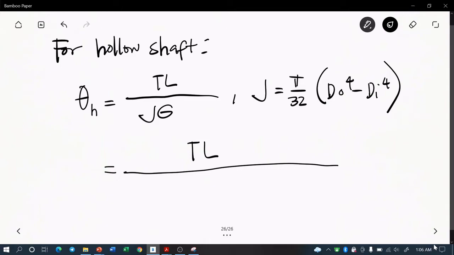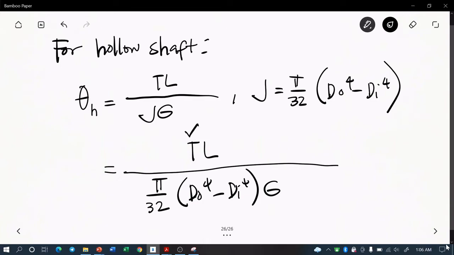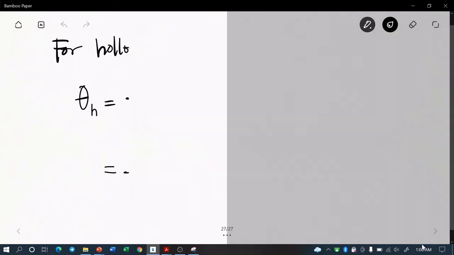So pi over 32 times do to the 4 minus di to the 4 times G. Okay, so torque is known, the length is given, DO and DI have been computed, and G is known.